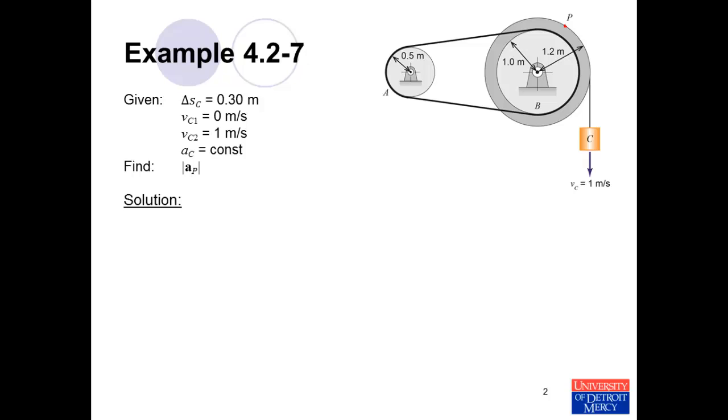Since we know the path that this particle is following and it's a curved path, we're going to use NT coordinates. So we'll have the tangential direction, which is tangent to the path of motion of the particle. Then we'll have the normal direction, perpendicular to that, pointed toward the center of curvature. In order to find the magnitude, we need to find the tangential component of the acceleration of that particle and the normal component.